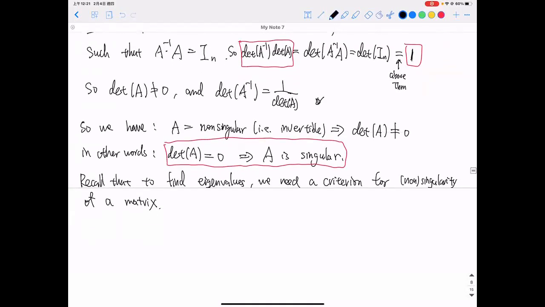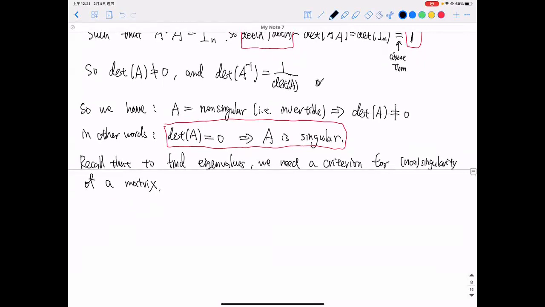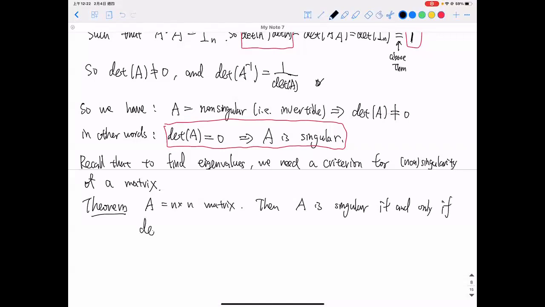And to make this useful for our purpose, we need the converse. So that is going to be the following theorem, stated as follows. A, again, is an n by n matrix. Then A is singular if and only if the determinant of A is 0.